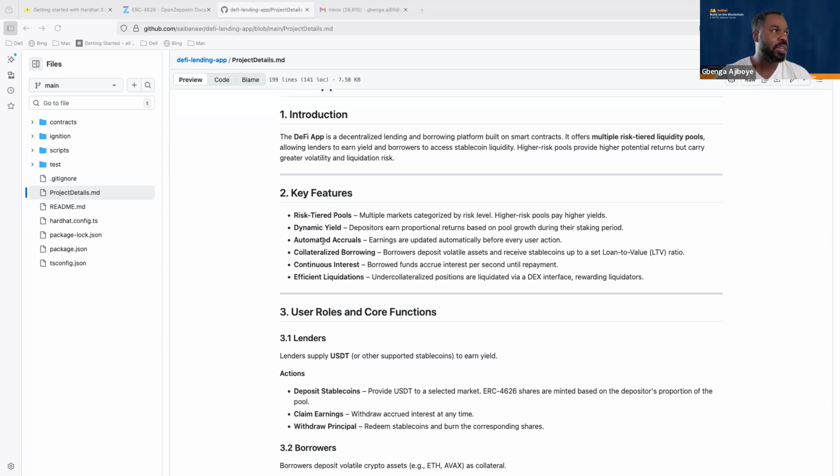Automated accruals. This basically says that when you deposit, your earnings are being tracked, and once they accrue to you, you can actually claim them. We use a very interesting way of doing this.